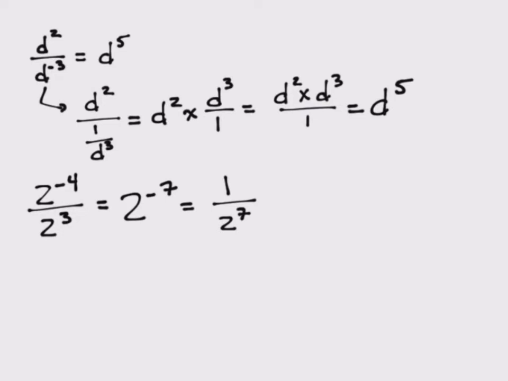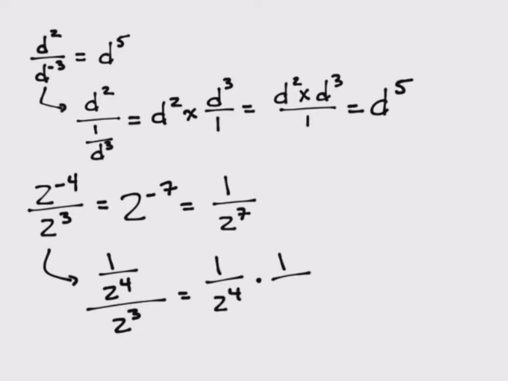Or you could use the definition of negative exponents and rewrite 2 to the negative fourth as 1 over 2 to the fourth, all over 2 to the third, which is the same thing as 1 over 2 to the fourth multiplied by the reciprocal of 2 to the third, namely 1 over 2 to the third.